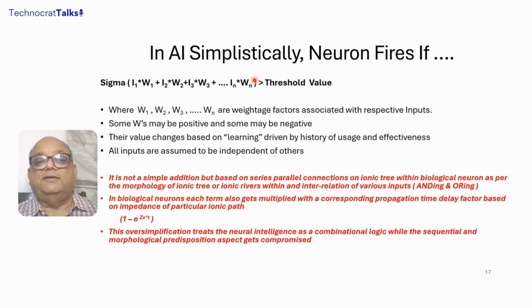What is the interrelation? That aspect has gone. So this oversimplification treats neural intelligence as a combinational logic, whereas actually it is sequential and combinational logic depending on morphological predisposition. So that aspect is seriously getting compromised in present-day AI.